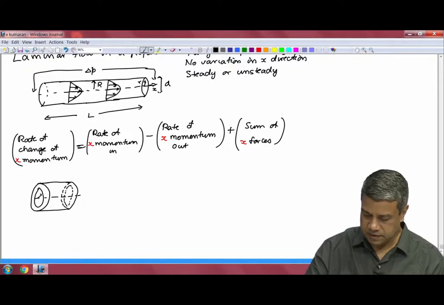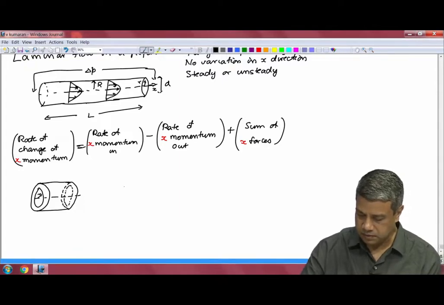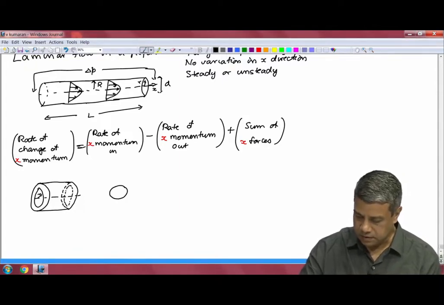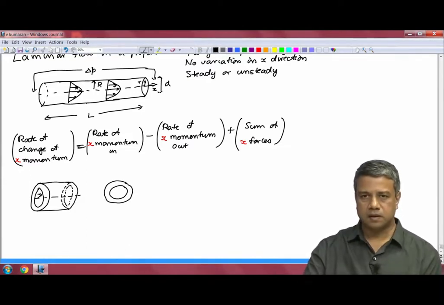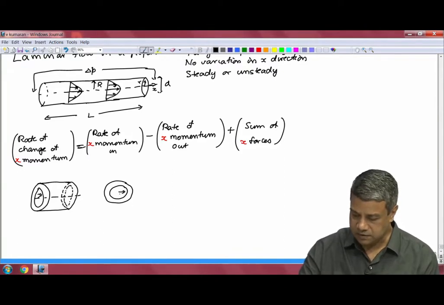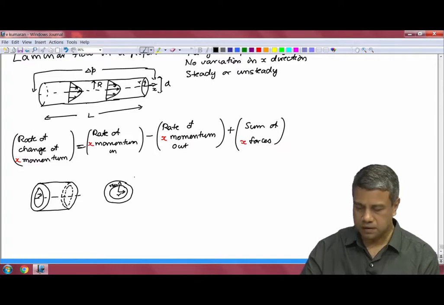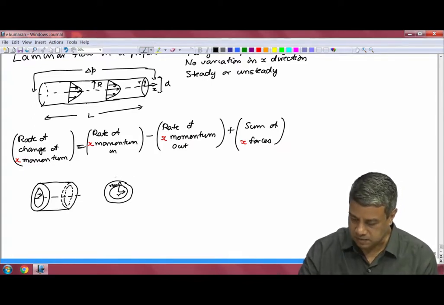You have one surface at r. So, if I look from the direction along the axis, I will have two surfaces at r and r plus delta r.